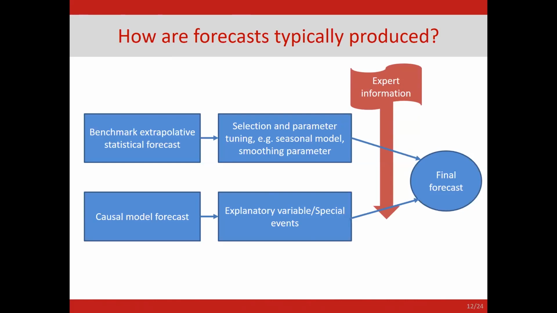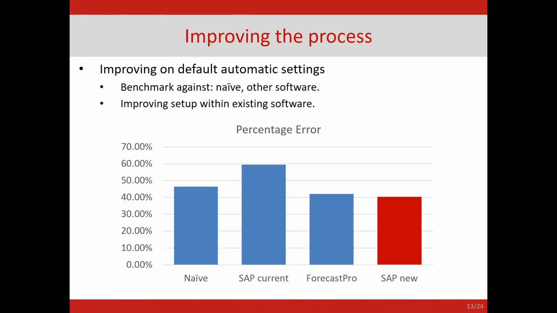So just thinking about these steps, here we have a case that we have looked at as a center in the past. What is the question here? We have a company that is using some version of SAP APO with some standard settings in there, using the automatic process. So our approach to benchmark it was, first of all, to check against the naive.